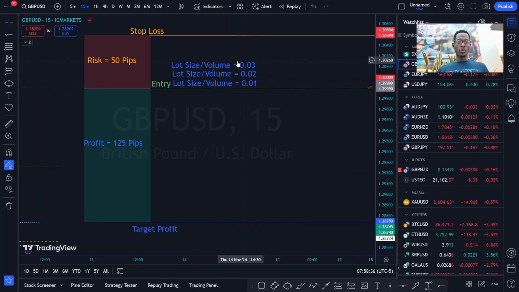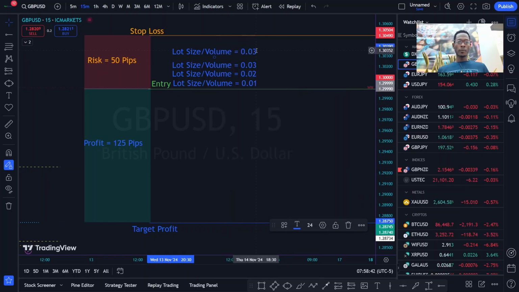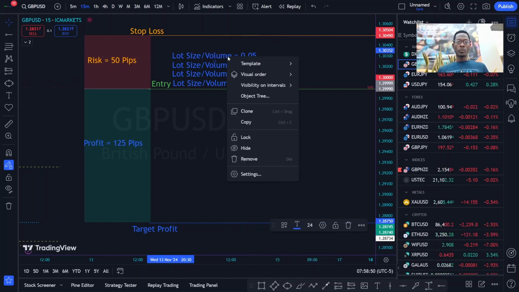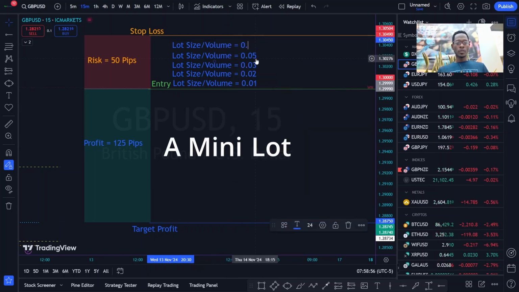This is also another micro. We're going to clone this. On this one, we're going to do 0.05. And then we're going to clone it one more time. And we're going to go from a micro lot to a mini lot.